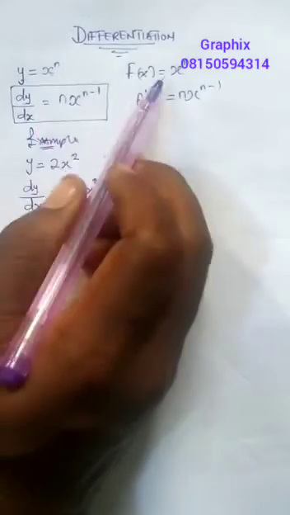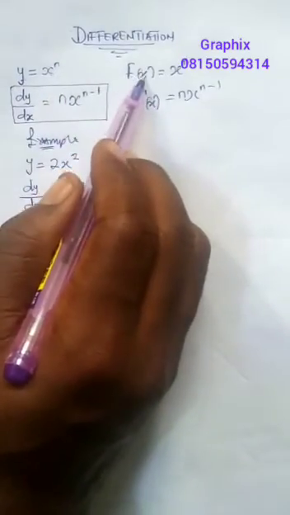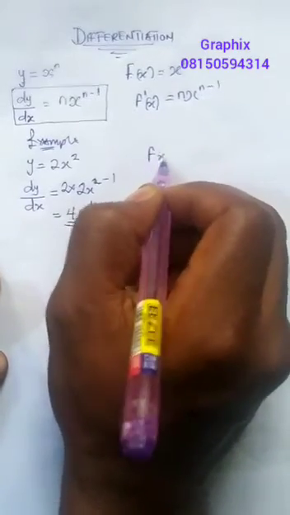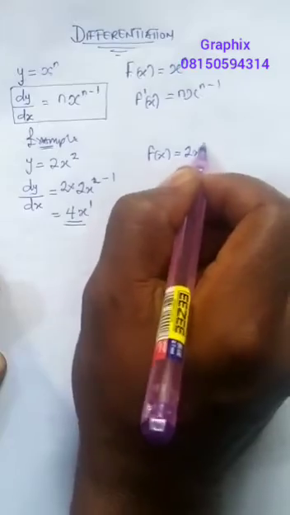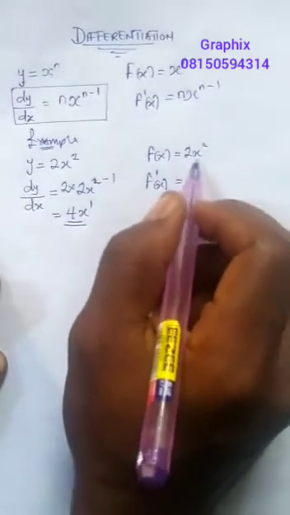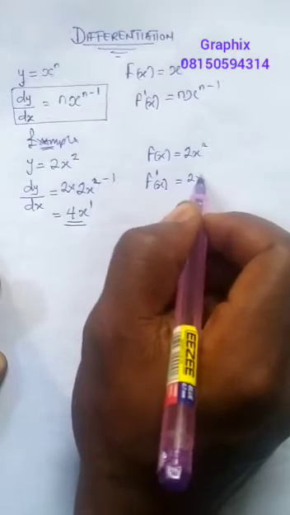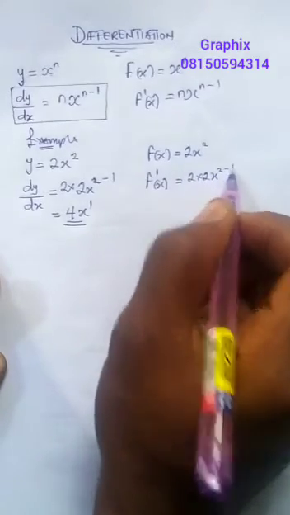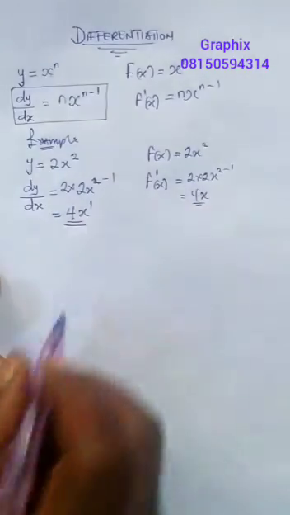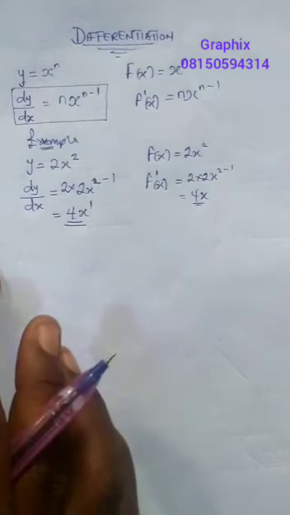So either I put y, a function of x, or I put my f of x. It is the same thing. I can also put this way by saying my f of x is equal to 2x squared. So if I want to differentiate to be f prime of x, that will give me 2 times 2x^(2-1). That means I'm rewriting this again. So this will give me 4x. So it's the same thing. So don't get it confused.